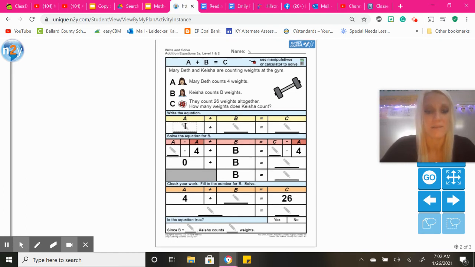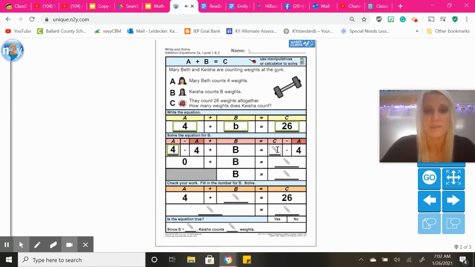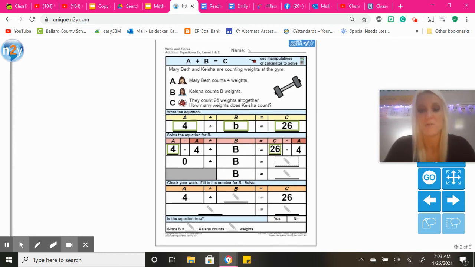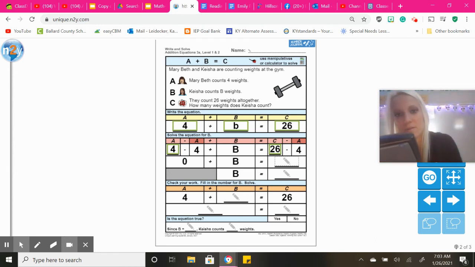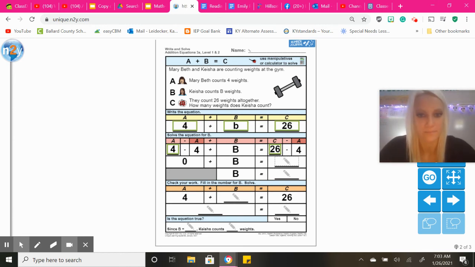A is Mary Beth. She counts 4. B is Keisha. We don't know it. It's just B. B is our unknown. And together they count 26. A was 4. C was 26. 26 minus 4 should be 22.